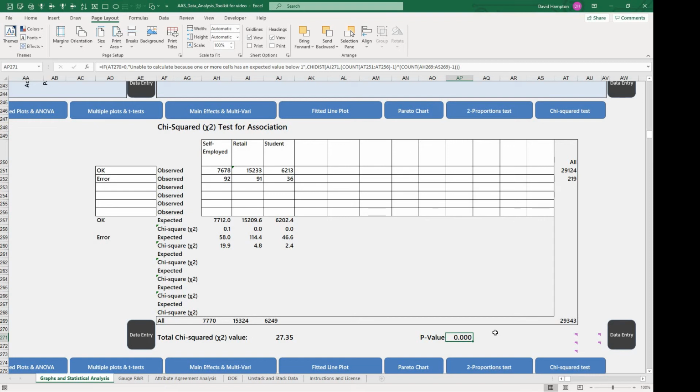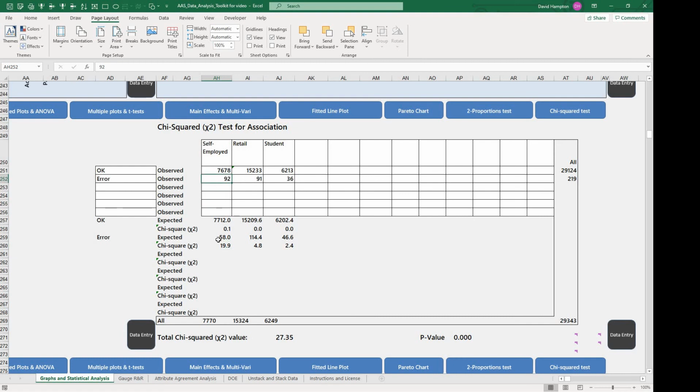We can go further than that, and we can say we need to look at these chi-squared numbers here. A chi-squared number is a measure of how unusual a particular result is in the context of the other results. And what you're looking for is the biggest one, which is here. 19.9, by far the biggest chi-squared value, which means that the number of errors in the self-employed category is unusual relative to what you expected it to be.